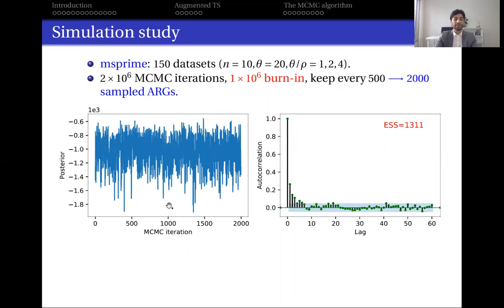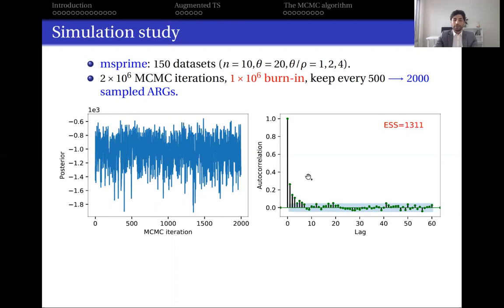Here, the left plot is the trace plot of the posterior, and the right is the autocorrelation. I've checked the convergence by the trace plot, and we see that it demonstrates that the algorithm mixed well. I've also had independent runs, and they all converge to the same place.